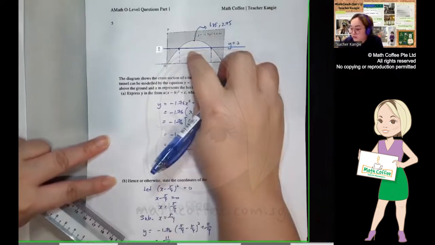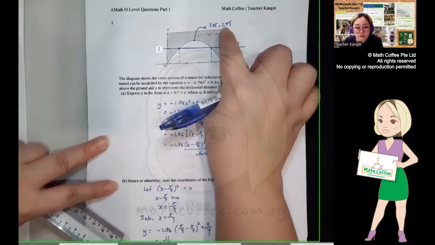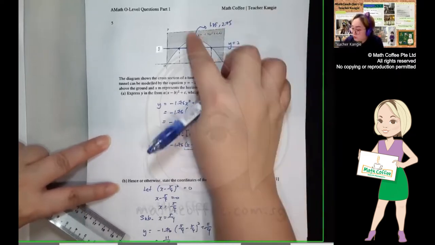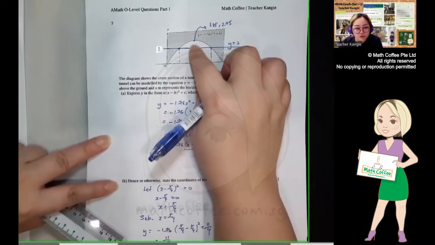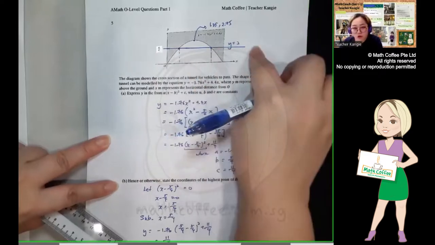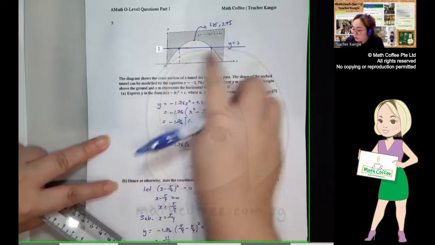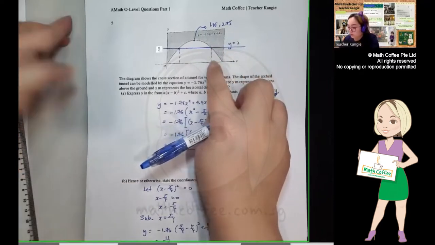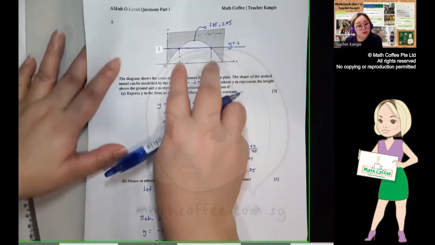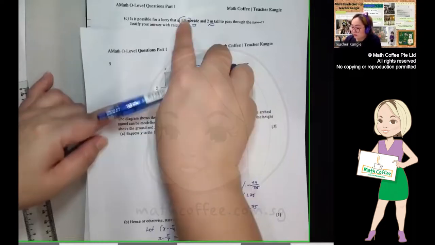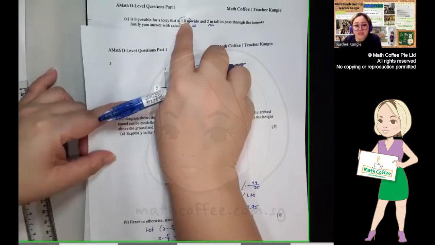I know it is here because my highest point is 2.75, so y equals 2 is definitely below, but you don't have to draw it exactly. So our task is to find what this x value and this x value are. Then we will know whether the width is enough for the lorry to squeeze in or not.